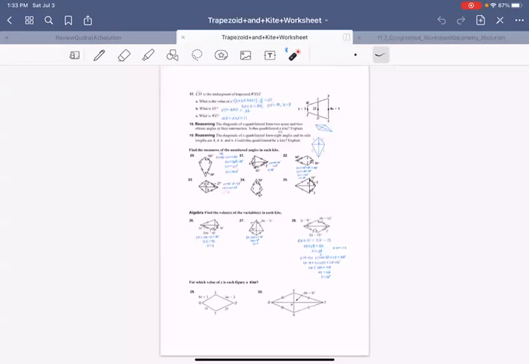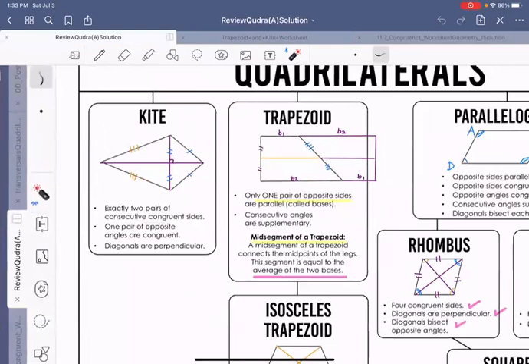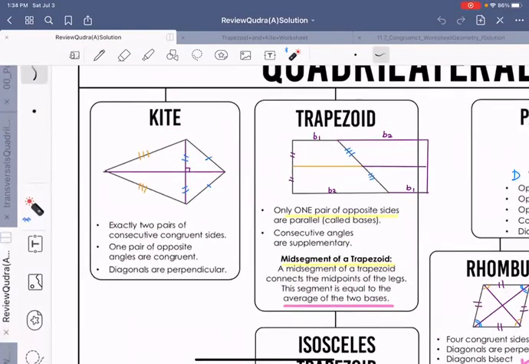I noticed that the students asked me something about the kite. So this is the kite, okay? For the kite, the property is you have this piece and this piece exactly congruent.